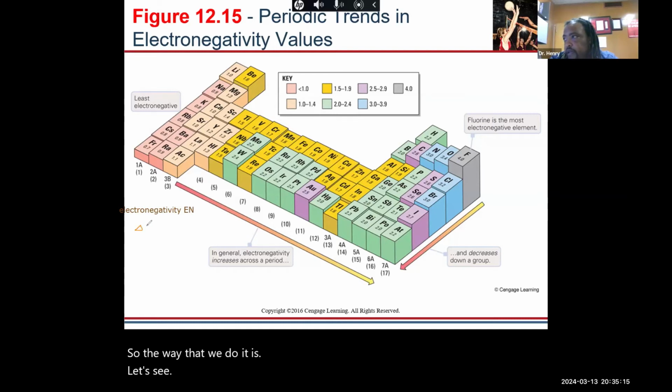Delta En is the difference between the electronegativities of the two atoms.